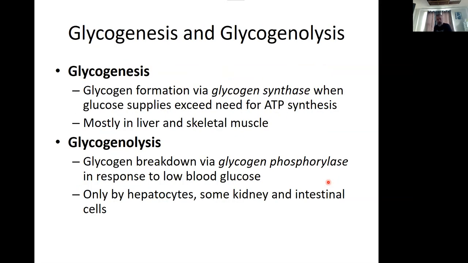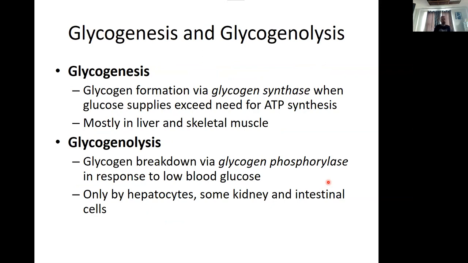Now, the opposite version of that process, where we take glucose and we break it down to make energy, are various storage mechanisms. The first storage mechanism that we encounter is when we have too much glucose and we want to put it away maybe for an hour or 3 hours or a couple of days later.